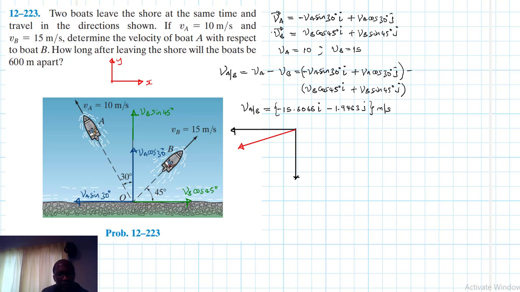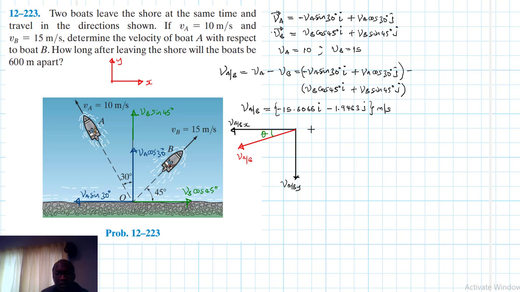I'll explain later. So this one is our VA with respect to B, this is VA with respect to B in the x, this is VA with respect to B in the y, and this is the angle here.